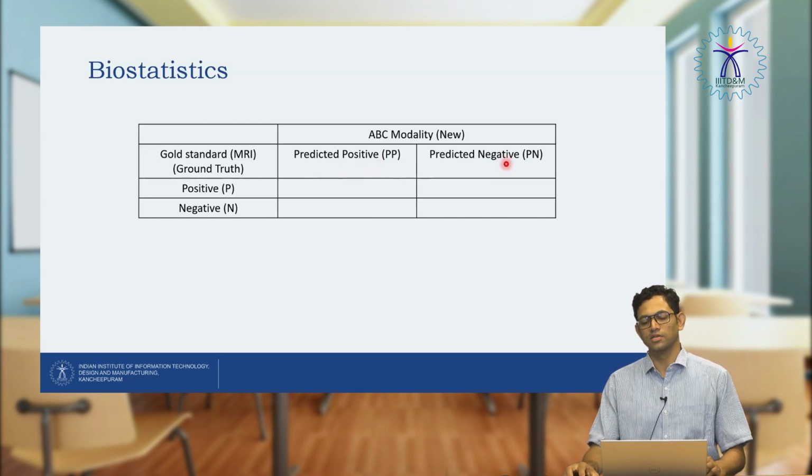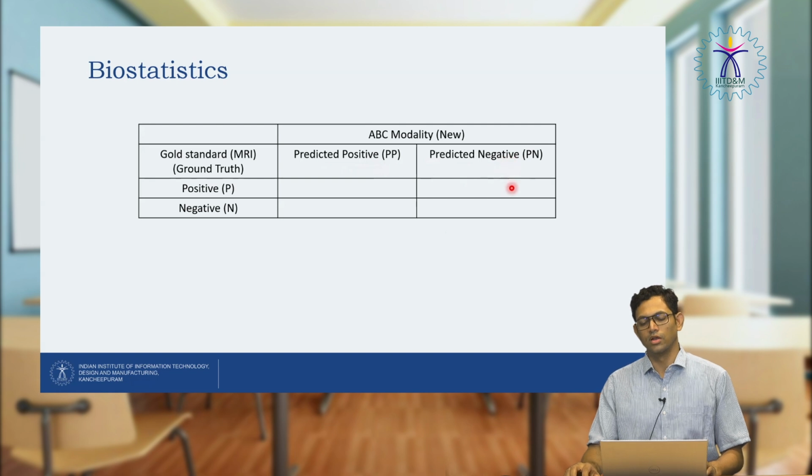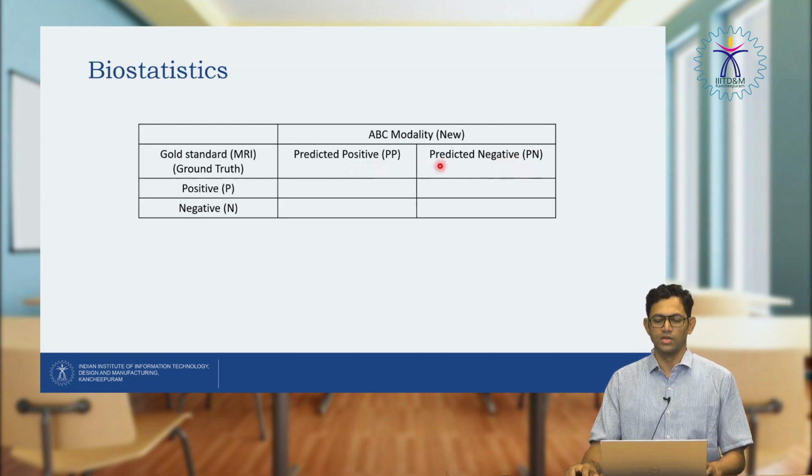And if the person is found to be negative using our modality, we are going to call it PN, that is predicted negative. Okay.